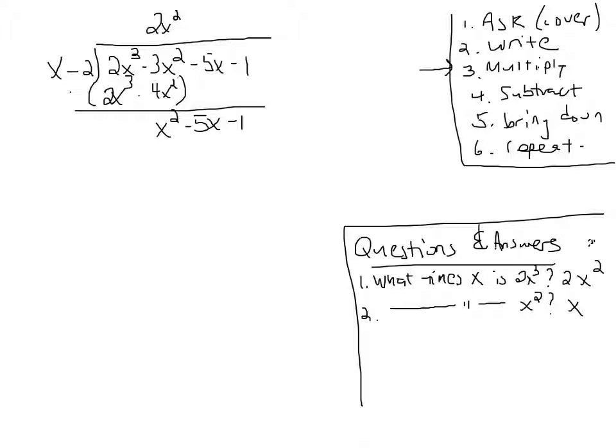The answer is just x. So that gets written here. And then that x gets multiplied by the divisor. x squared minus 2x. And once again, when we subtract, we do not get negative 7x. We get negative 3x. We bring down our minus 1.